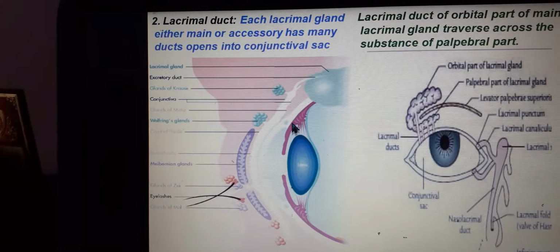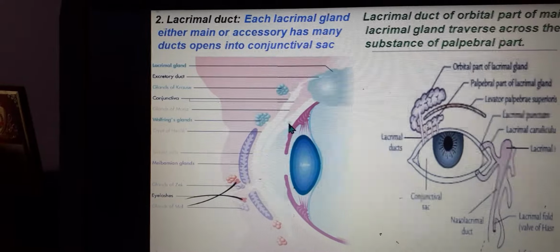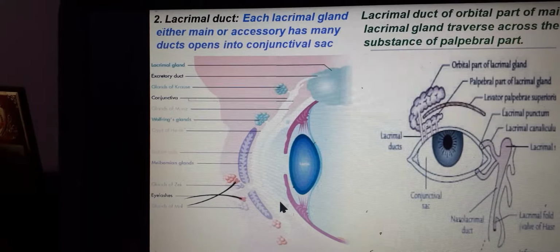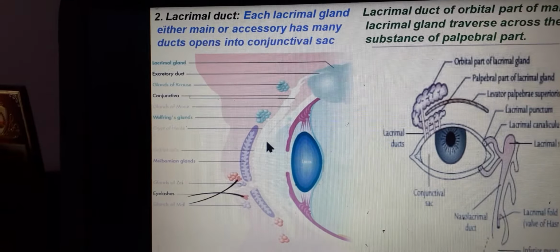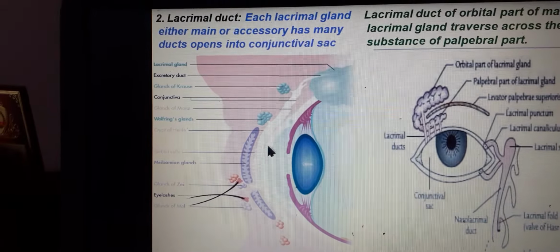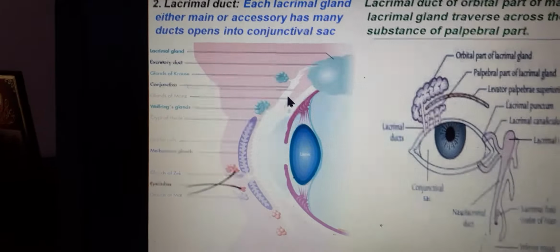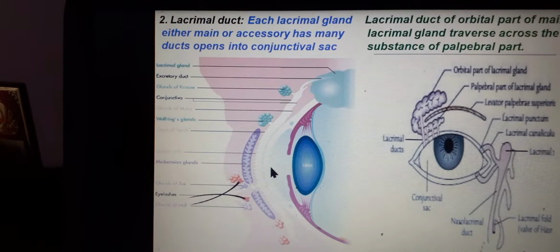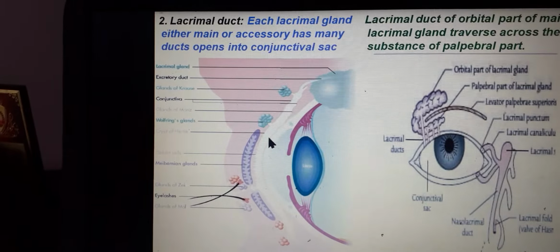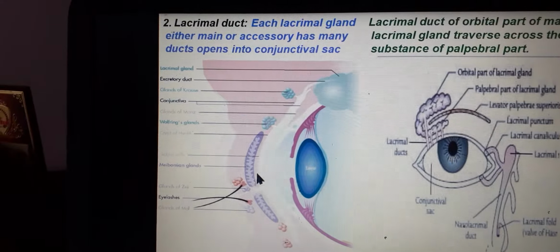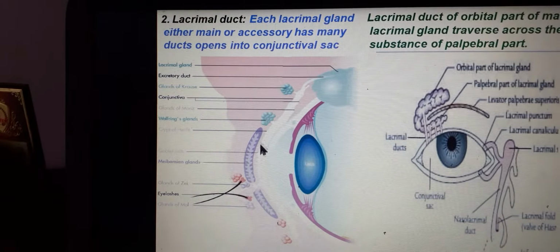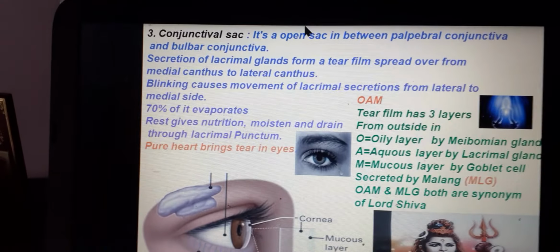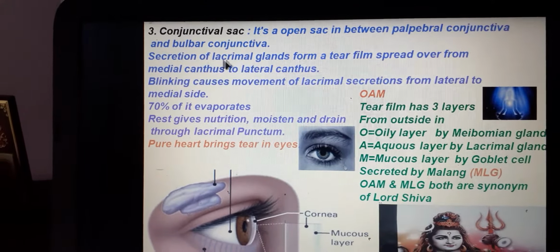There are three layers of the eyeball: sclera, choroid, retina. The anterior one-sixth of the sclera is known as cornea, and cornea is covered by conjunctiva. So the conjunctiva which covers the eyeball is the bulbar conjunctiva, and where it covers the inner aspect of the eyelid is the palpebral conjunctiva, and in between these two is the conjunctival sac, which is an open sac.